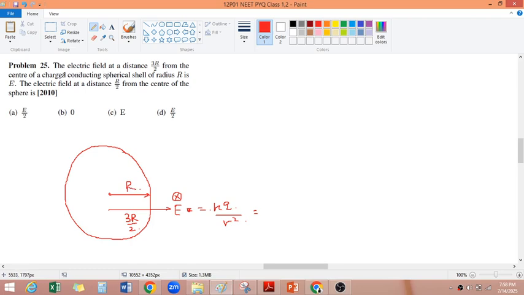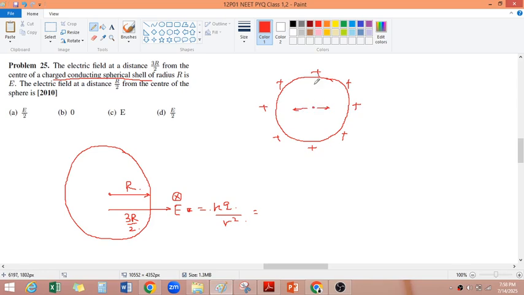Conducting spherical shell. So since it is a conducting spherical shell, what did we study for inside? Even the previous question we talked about it. So if I have a shell like this, if I put a test charge here, this will be repelled by this plus. This will be repelled by this plus.